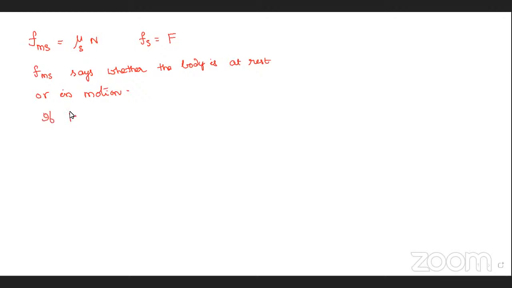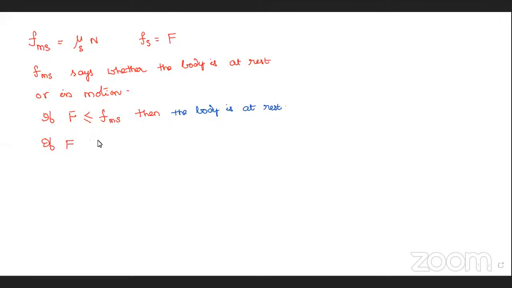If the applied force F is less than or equal to FMS, then you conclude the body is at rest.